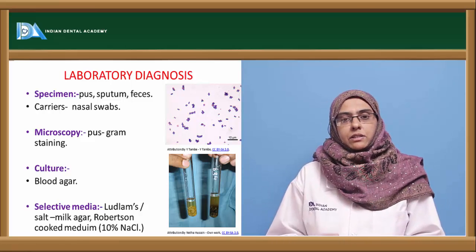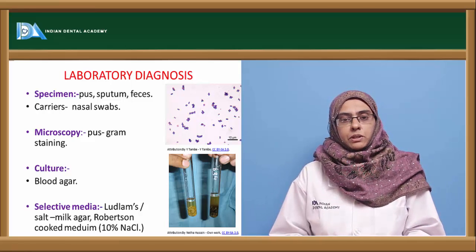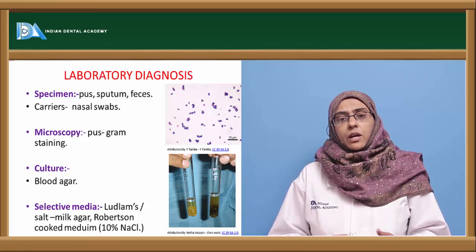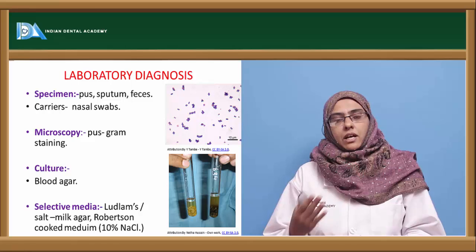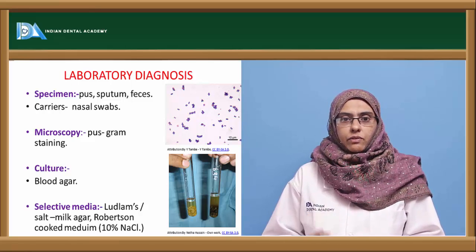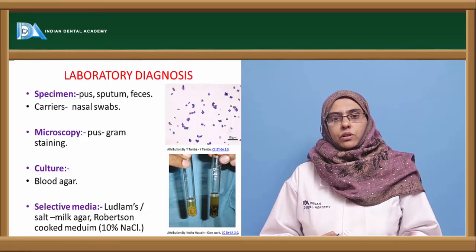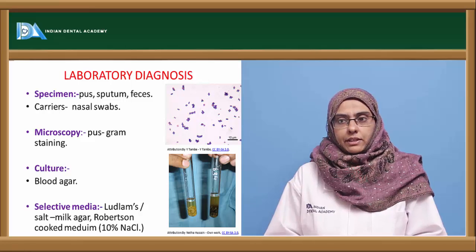The organism can be isolated even in the feces, but care should be taken when we are going with the sputum test because most of these organisms are normal commensals and hence can cause confusion in the diagnosis. And in case of carriers, the nasal swabs are the best source of collection of the specimen to identify the carrier who is carrying this particular infection.